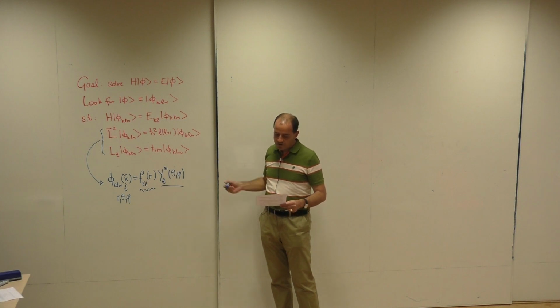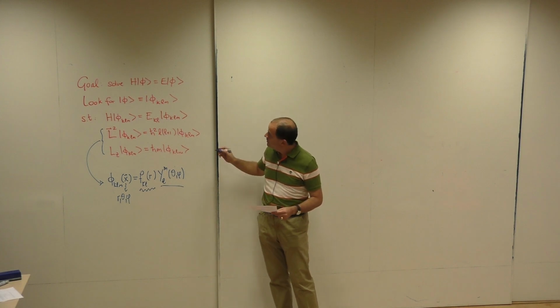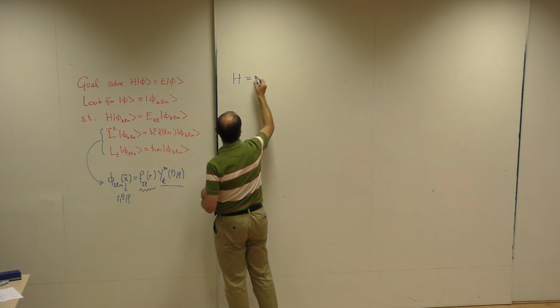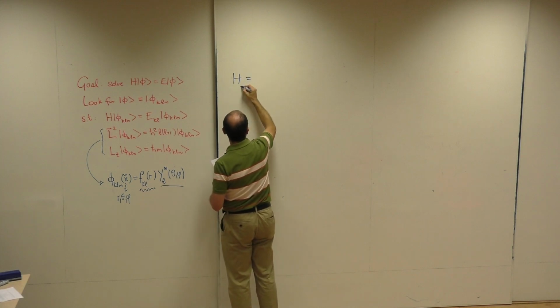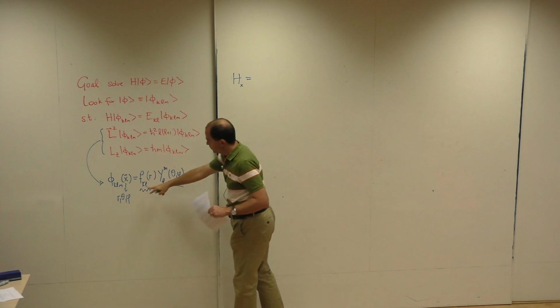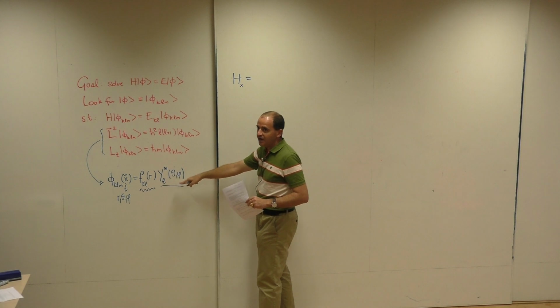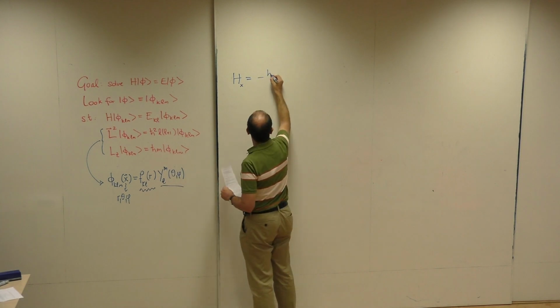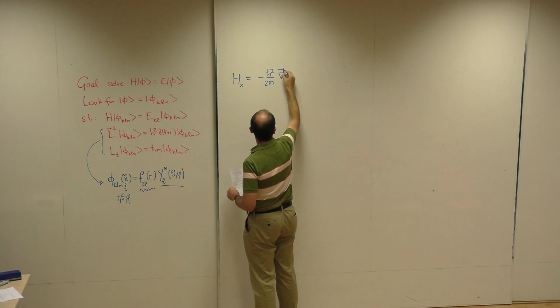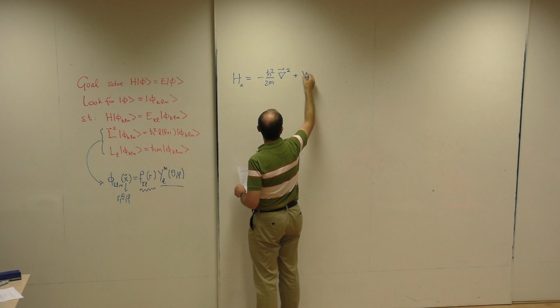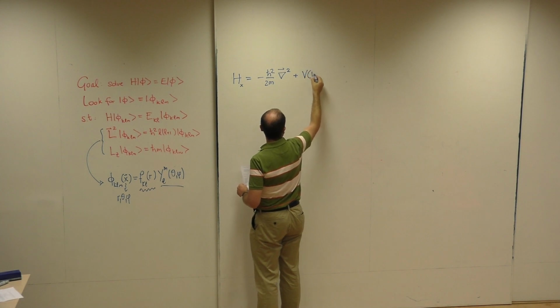So now, the thing that you have to do is, how does the Hamiltonian look like? So now we have the Hamiltonian, which is in X representation, right? We are in X representation, although in spherical coordinates. What does that look like? Well, it's minus h bar square over 2m gradient squared plus V of x.